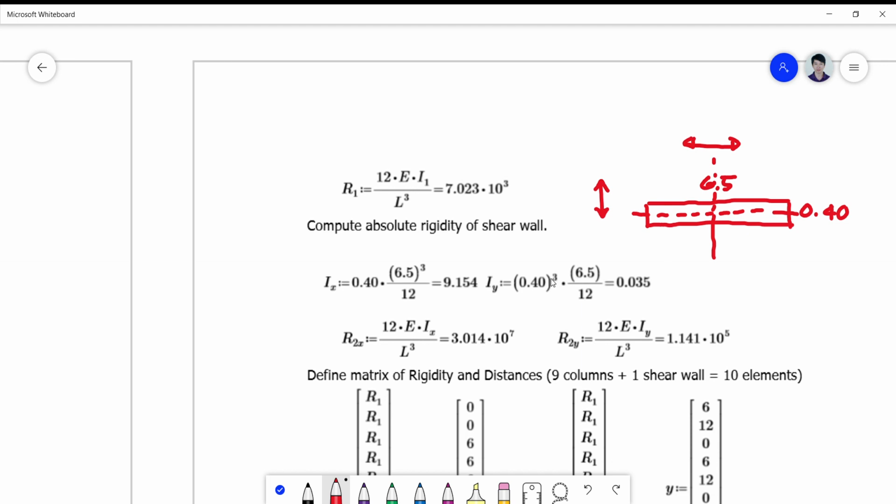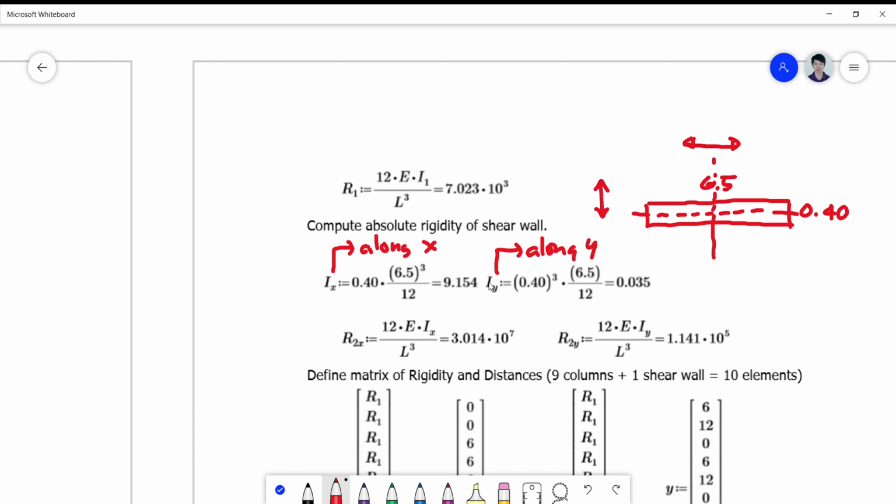So take a look at how the orientation of this Ix and Iy are placed here. Ix meaning to say that your moment of inertia is along the x direction, and Iy simply means that this is along the y direction.